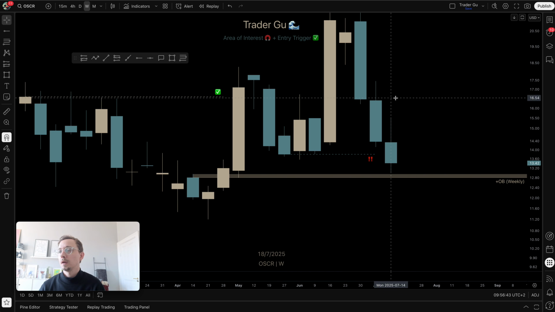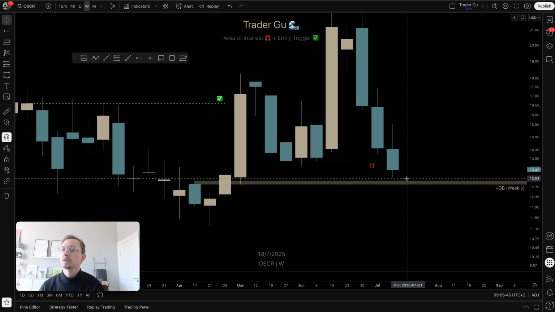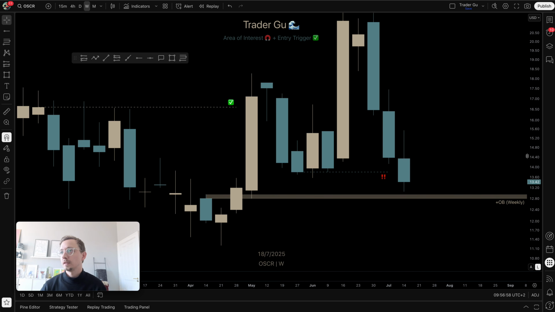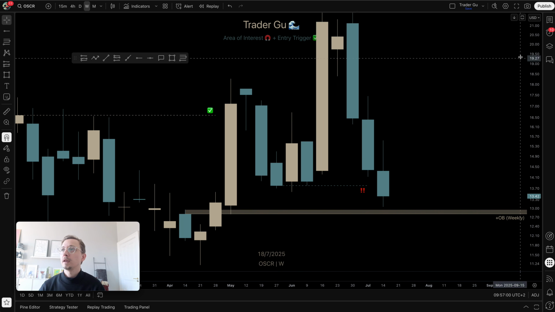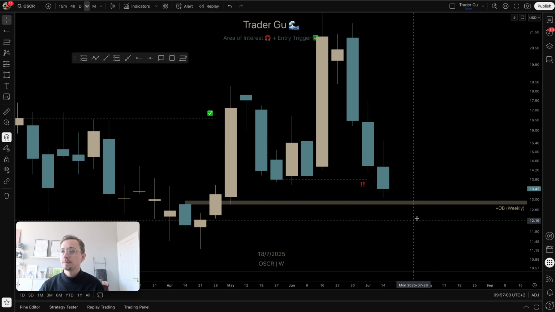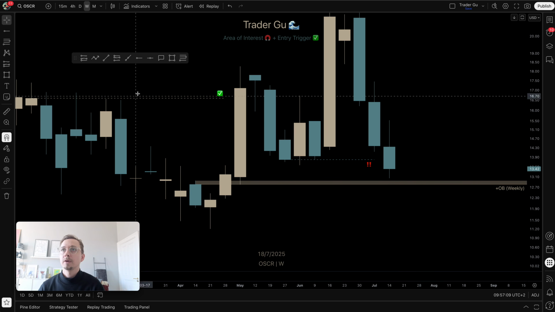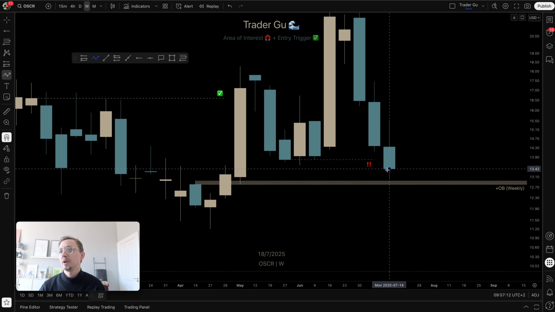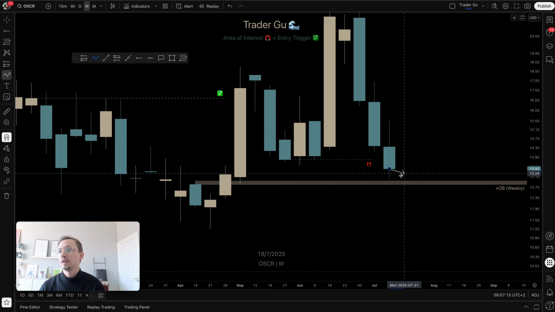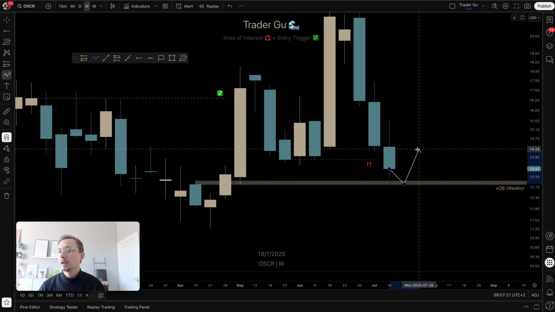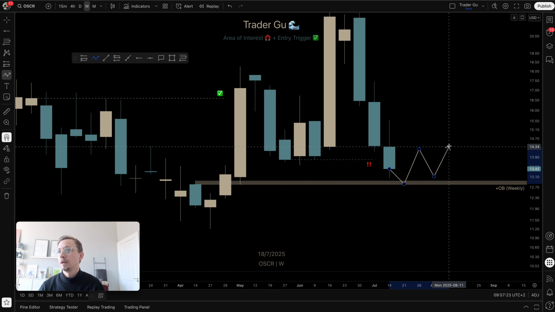So for a couple of weeks, we have had a move to the downside, and now we just almost tapped into this weekly bullish order block, and then price closed the weekly at $13.42. So in one sense, we have a bearish market structure, but on the other hand, we have just closed above this weekly order block where I am expecting price next week to move into this weekly bullish order block, and perhaps we are getting a reaction to the upside, something like this.